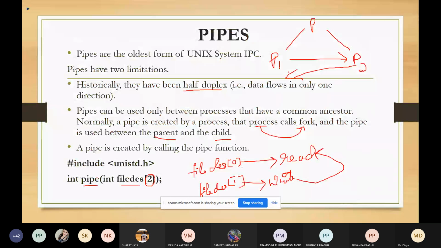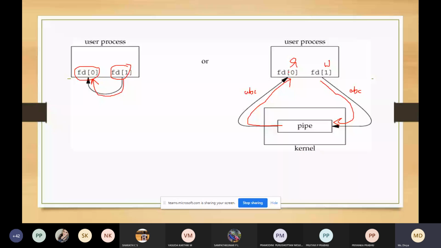In this diagram, there are two ways to picture a pipe. The left half of the left picture shows the two ends of the pipe connected in a single process. The right-hand side diagram is a little more elaborated, where the data in the pipe flows through the kernel.